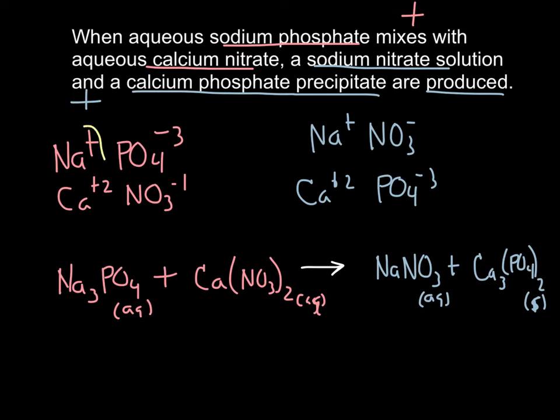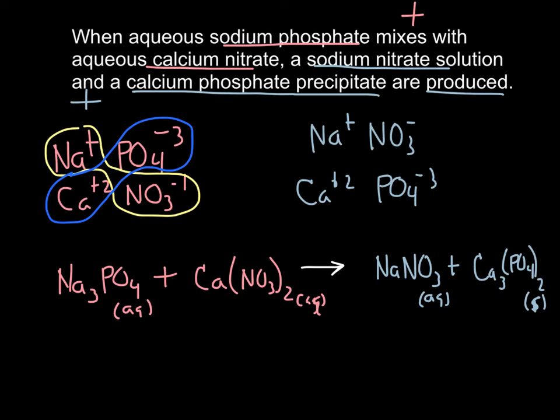Our ions from our reactants switched. So our sodium and our nitrate combined to make a product, and our calcium and our phosphate combined to make a product. That's going to become really important when we get to chapter 7. But for right now, let's focus on balancing this guy.